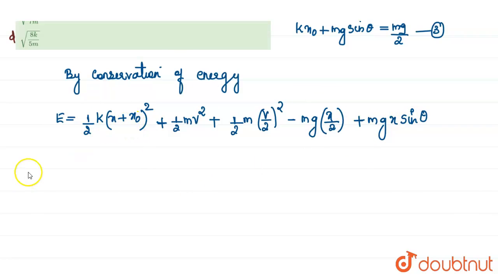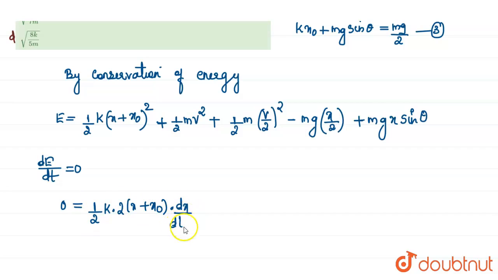We can solve by using the energy method. For the energy method, we take dE by dt equal to 0. So differentiating this equation, we get LHS equal to 0, and we can differentiate each term. Half into k into 2 into (x plus x0) into dx by dt, plus the next term, 1 by 2 m into (2v) square, differentiated, gives 1 by 2 into 4 m into 2v into dv by dt.